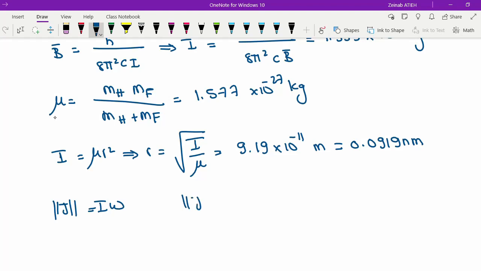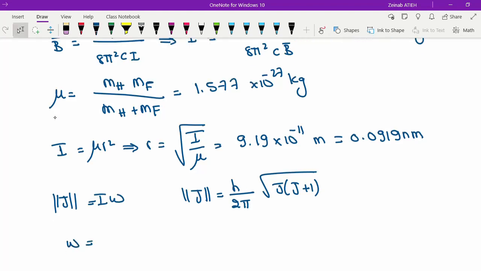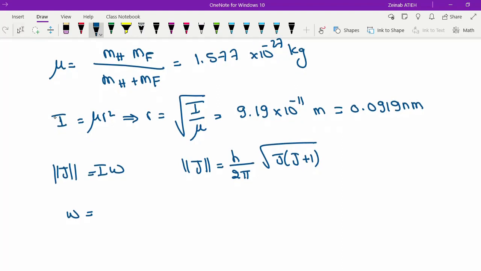And J quantum mechanically has a magnitude of h over 2 pi radical j plus 1. Okay, so we can say that quantum mechanically omega, for the levels that we have which are quantized, is equal to h over 2 pi I.